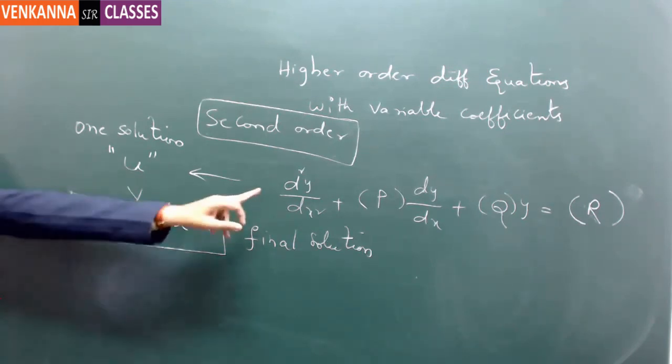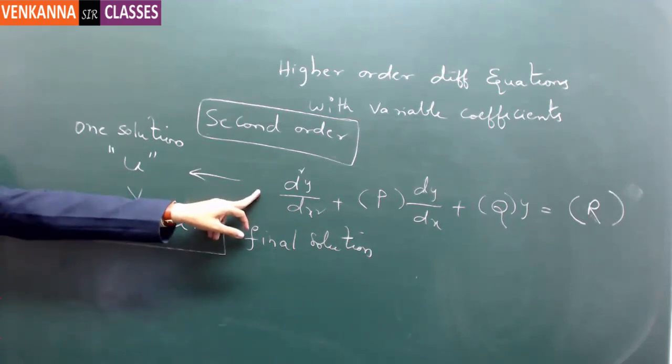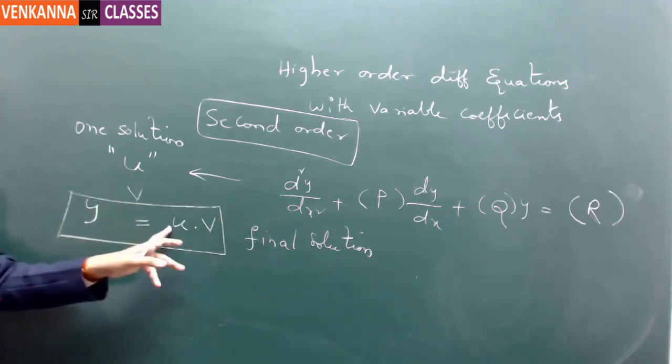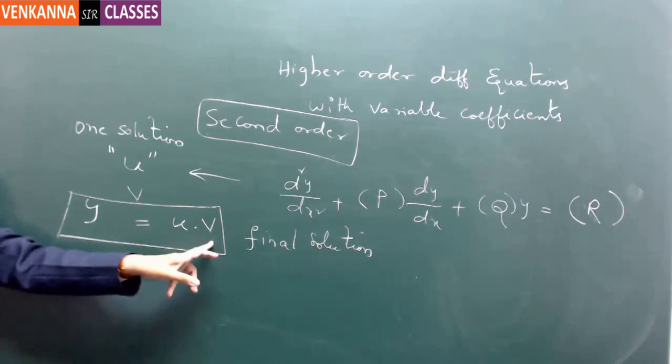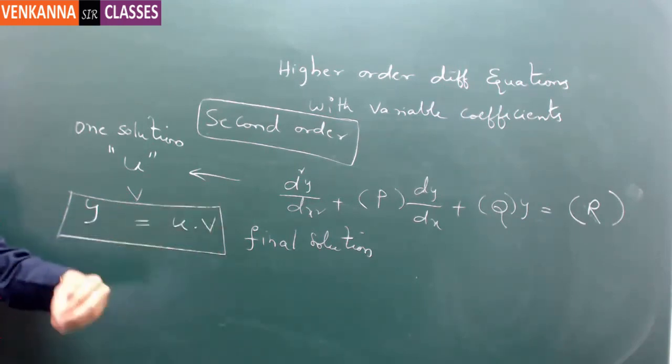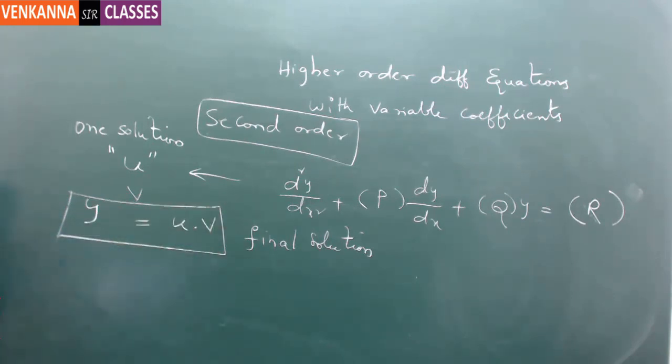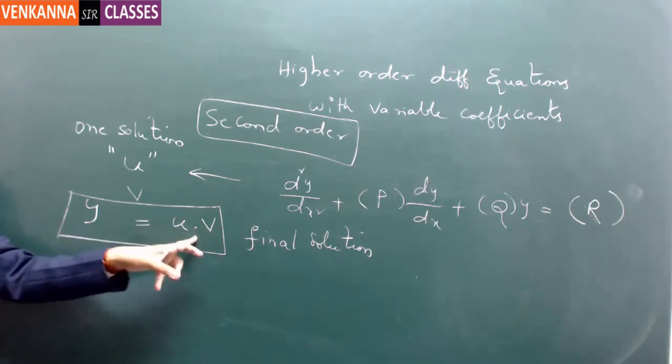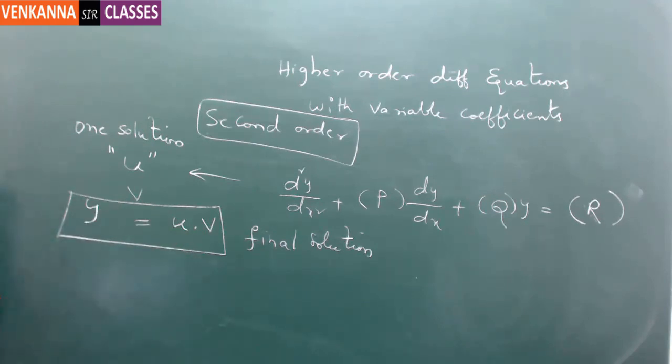So the final solution of the differential equation is y is equal to u into v, where v is another solution which we have to find. So one solution is predetermined. Another solution we are going to find by means of a process. Multiplying these two will give the final solution. That is the overall idea. Okay? All of you clear with this?